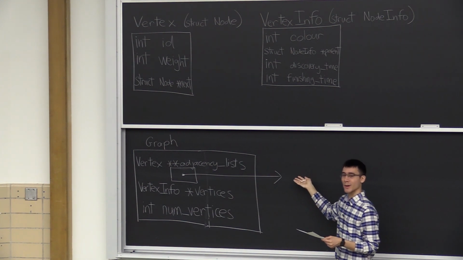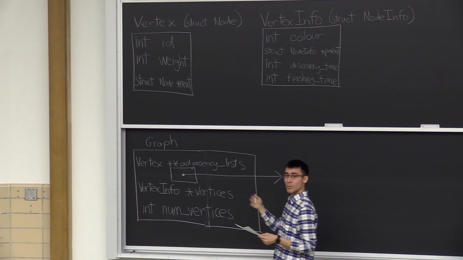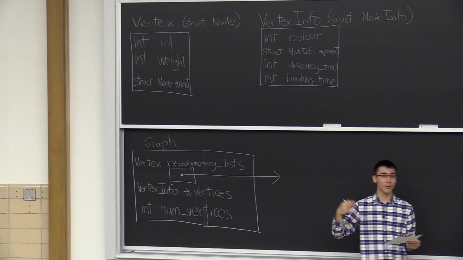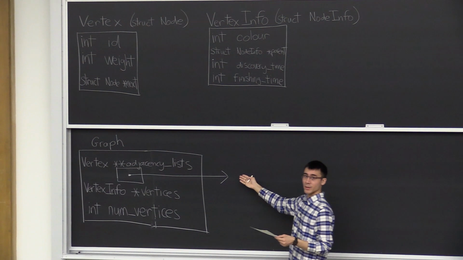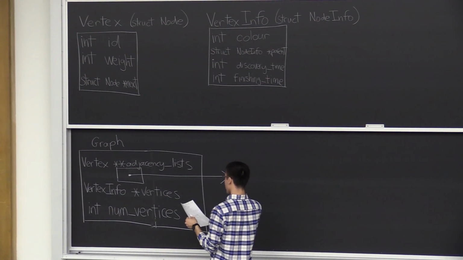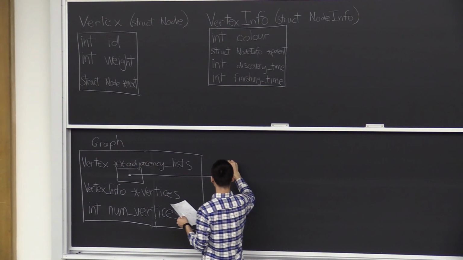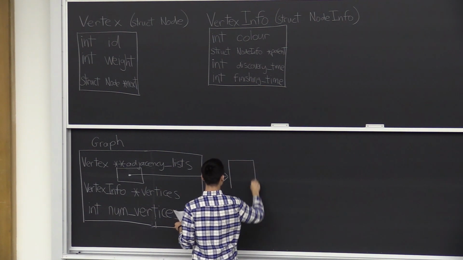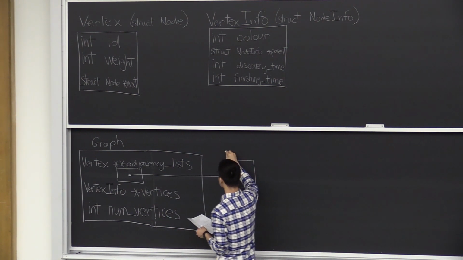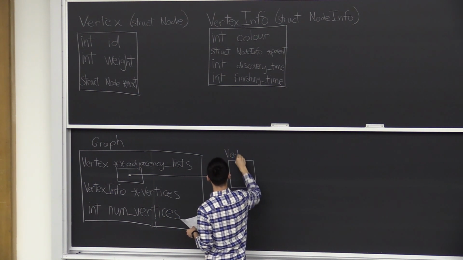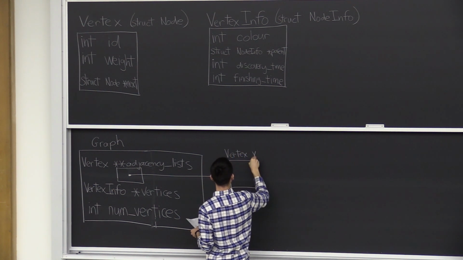Because that's what pointers are. It doesn't matter if it's a pointer to pointer or a pointer to pointer to pointer; really, it's just an address of whatever it's pointing to. So this is going to point to another pointer, right? And that is going to be of type vertex star.